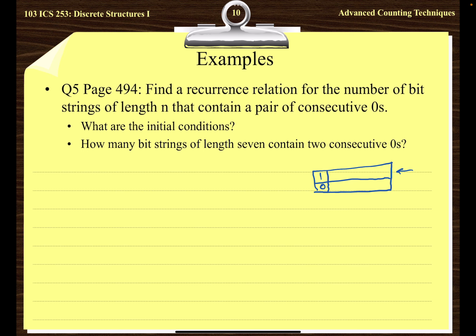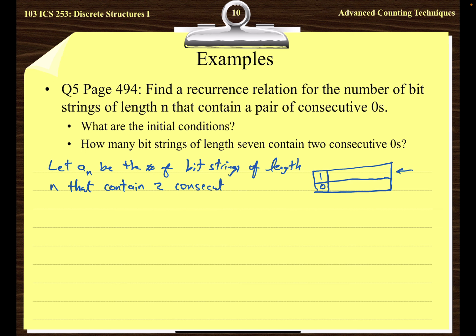Remember, don't forget, let an be the number of bit strings of length n that contain two consecutive zeros. Okay? Length n containing two consecutive zeros.